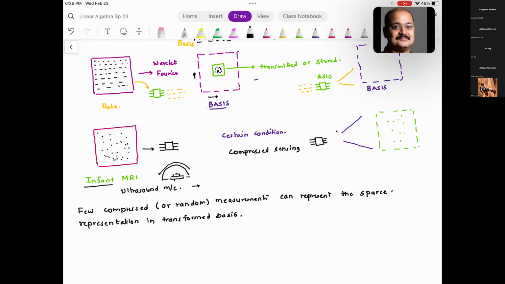Conceptually, the idea is very simple. We perform this random sampling in such a way that we essentially capture all the important parts in the data.